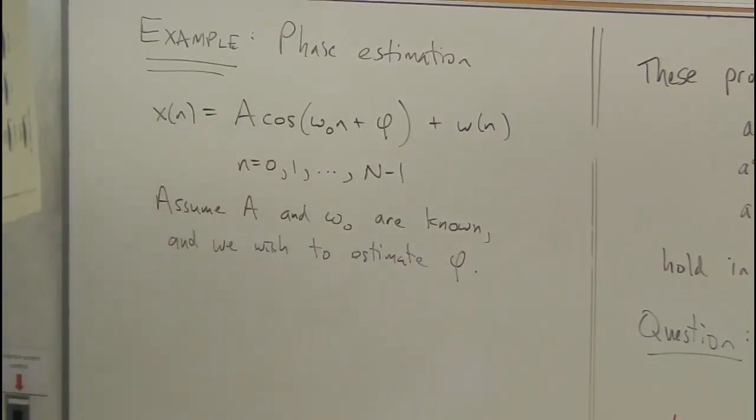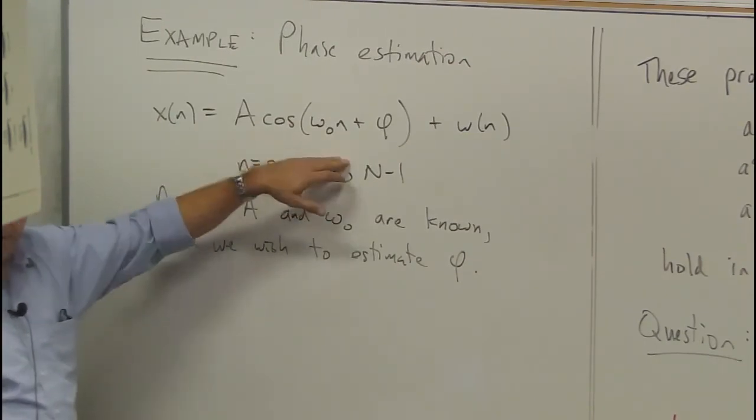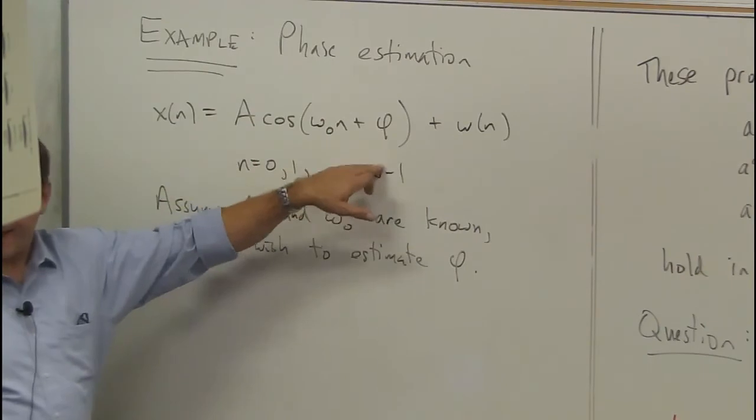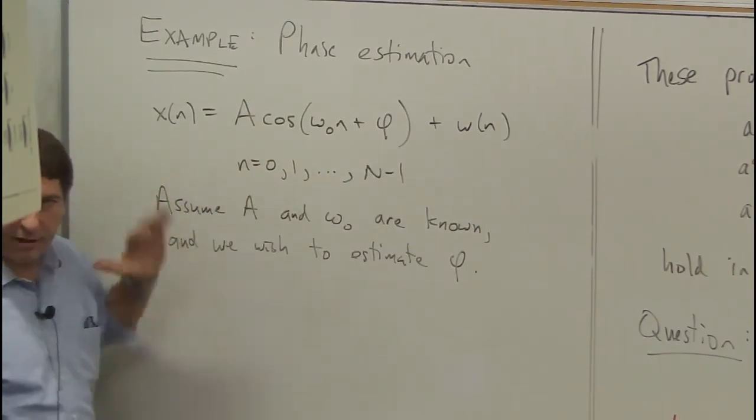You can imagine that probably the most practical scenario is where we know there's a sinusoidal signal, and we're trying to estimate amplitude, frequency, and phase all together. It's a more complicated problem, so let's investigate this simpler problem.